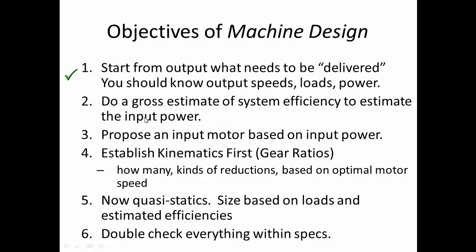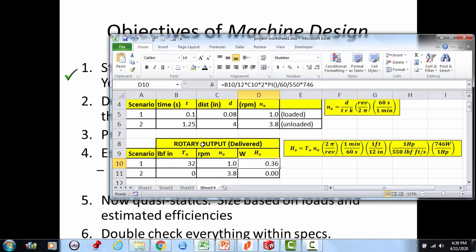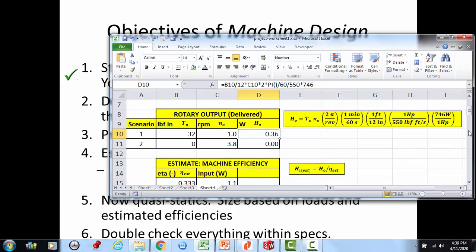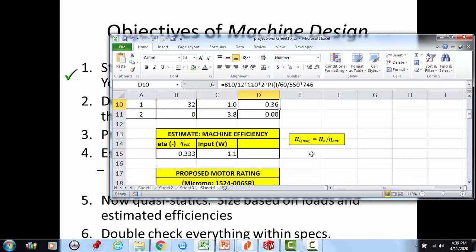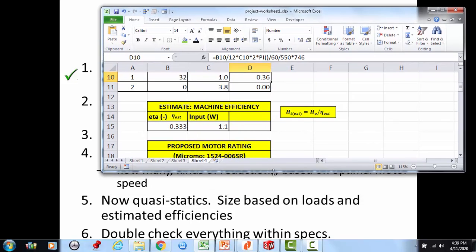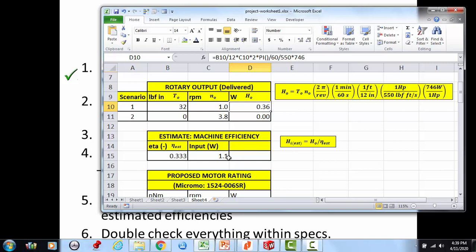The next thing you want to do is a gross estimate of what your system efficiency might be, so that you can estimate what the input power needs to be. Let's see what I did there. After the rotary output part, I looked at estimating what the machine efficiency might be, and I just took a shot at a third, because I know I'm going to have a pretty large reduction, and had already thought about a worm potentially with a planetary.